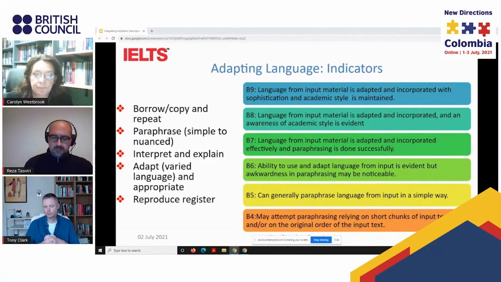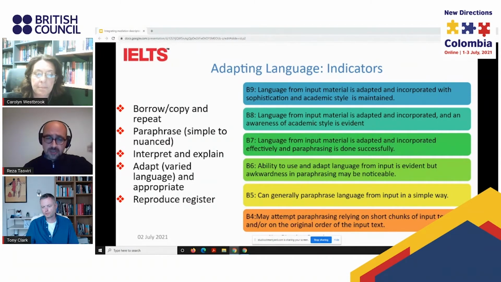Now, I referred to the two criteria of LR and GRA, and these are the criteria for assessing language use in the performances by the test takers. Given that there is use of language from the source material, that language is then transferred by the test taker into the test performance, and to capture that, we use the descriptors for adapting language from the CEFR scales.